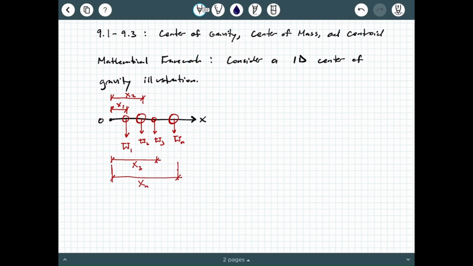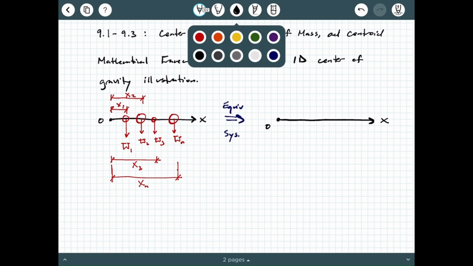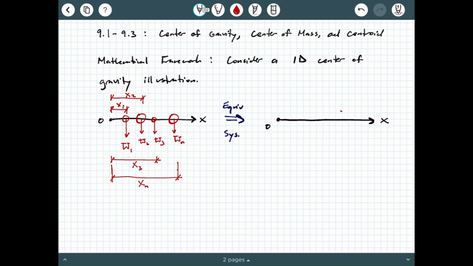Now, let's go ahead and write an equivalent system. So I'm going to put a little arrow here. I'm going to say, let's write this system as an equivalent system over here on the right side. So let's say we have the same origin here and that same x-axis, okay? And let's say that we have this total equivalent load right here.